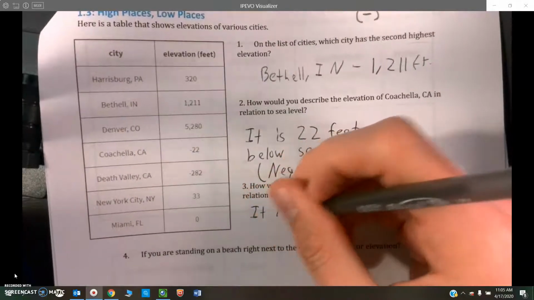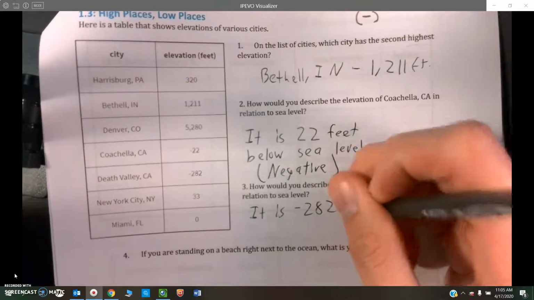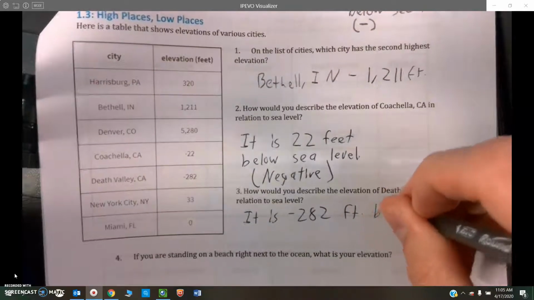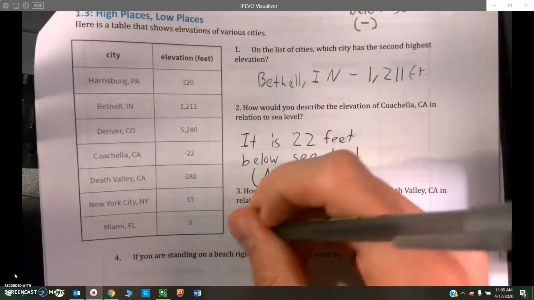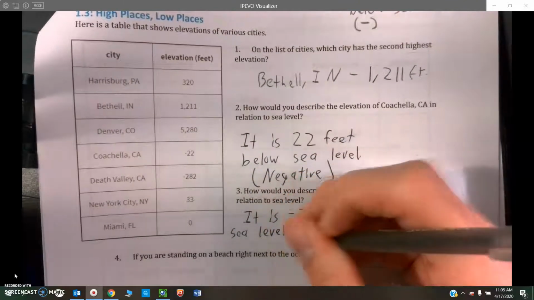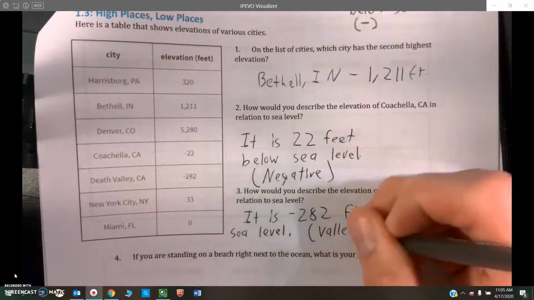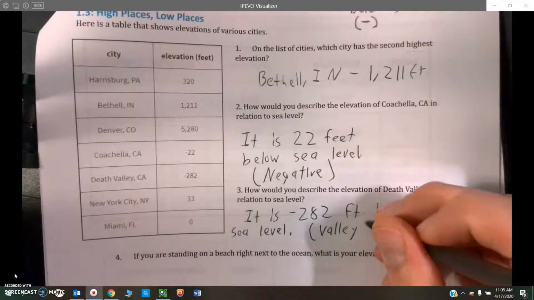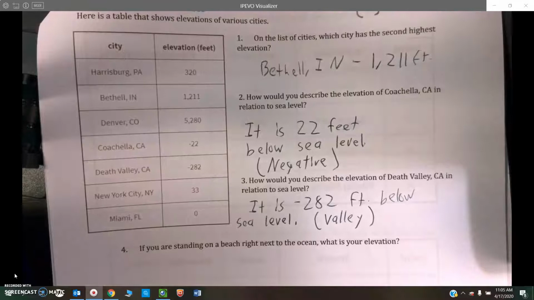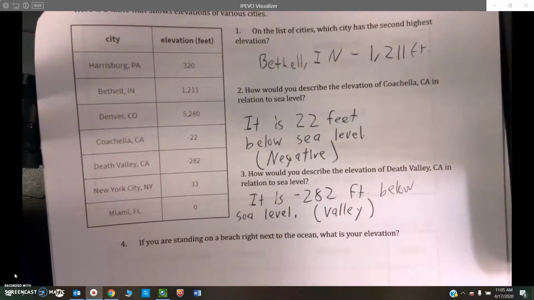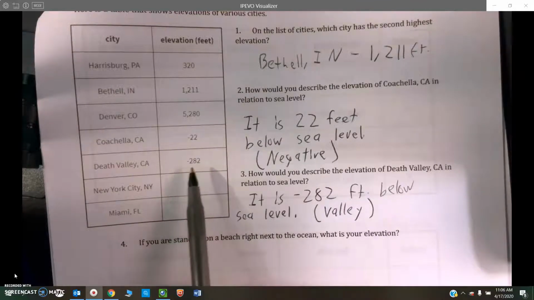So it is -282 feet below sea level. And maybe that's a valley, right? I mean, it has valley in the name. So once again, valleys are the opposite of mountains. So the Grand Canyon is a valley. So that's why it's so low on sea level.